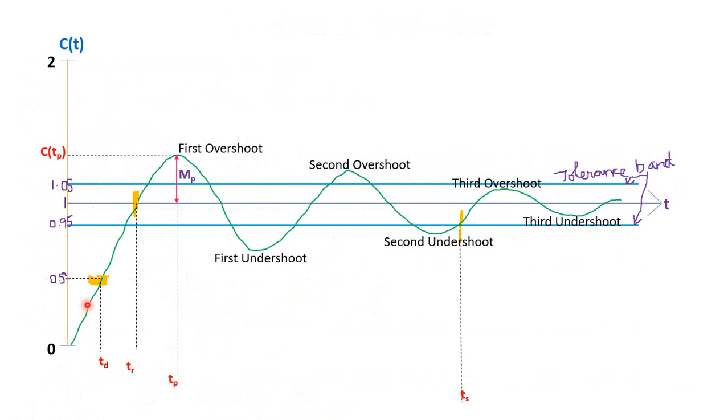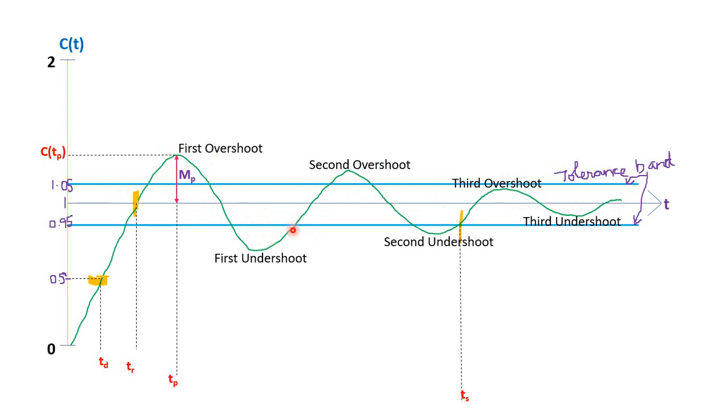See, this is an underdamped system response curve. In this underdamped system response curve, the oscillations progressively decrease. So here this much oscillation decreases, and still decreases. Whatever oscillations are available above 1, we call the first overshoot.